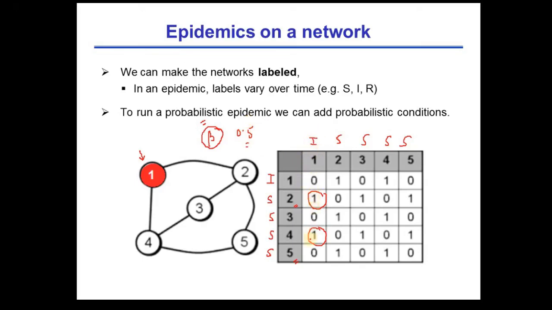Now I have 2 people here who are in contact with I. So I will toss a coin and decide which of these 2 people are going to get sick.